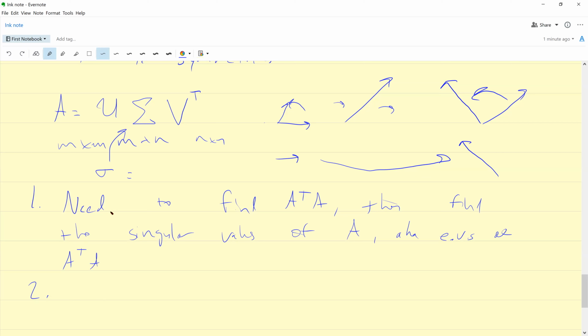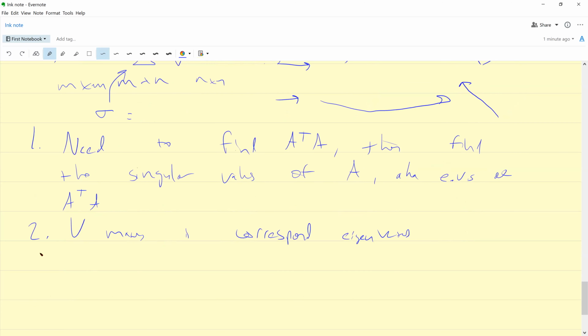Then our V matrix is going to be the corresponding eigenvectors. And lastly, our U matrix is going to be the images of those eigenvectors under A. Cool. Questions about this process?